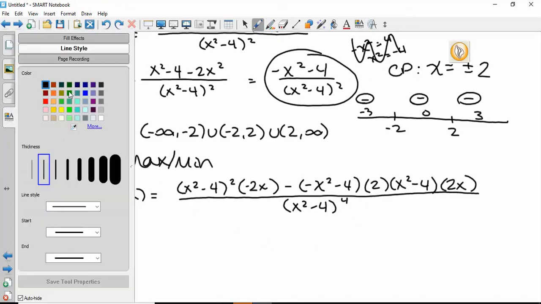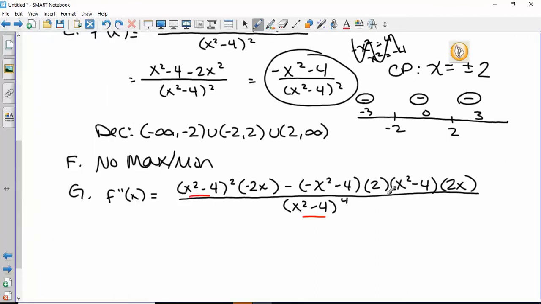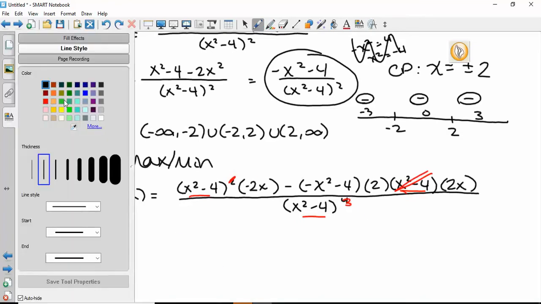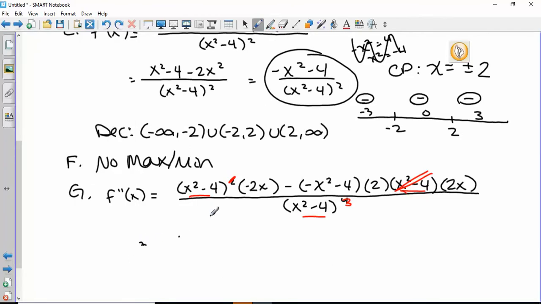Now you want to make your life as easy as possible, and you see we have this x squared minus 4 everywhere, so we could cancel one of those out. So this would now be to the 3rd. Okay, so I can distribute -2x cubed plus 8x. Okay, 2 times 2x is 4x, so I'm going to distribute a -4x.